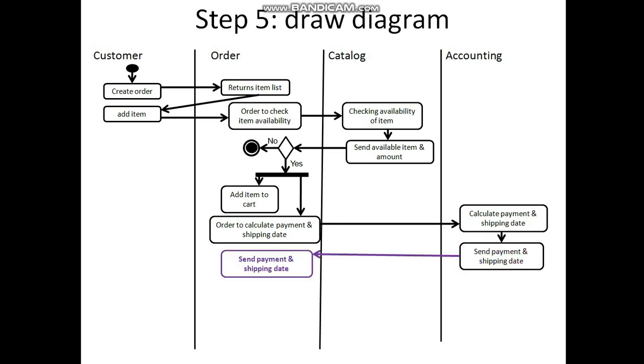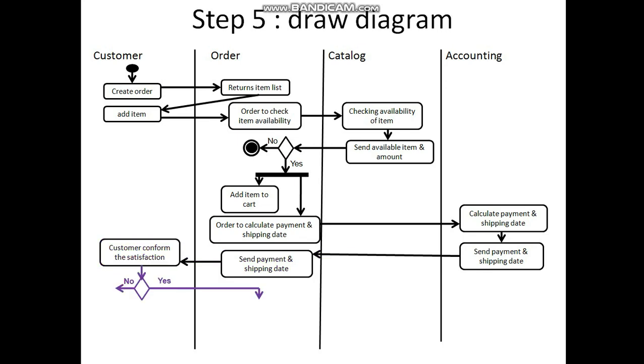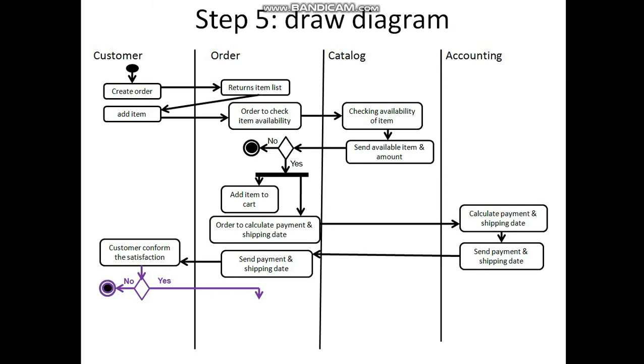After that, the customer needs to confirm the order. According to the customer's decision, the process changes. Because of that, here I am going to use a decision symbol again. If the customer doesn't confirm the order, the process ends. If the customer confirms the order, it creates 2 parallel activities.